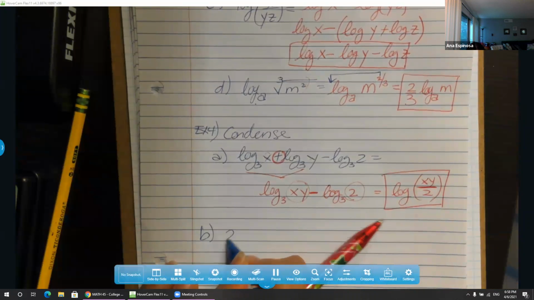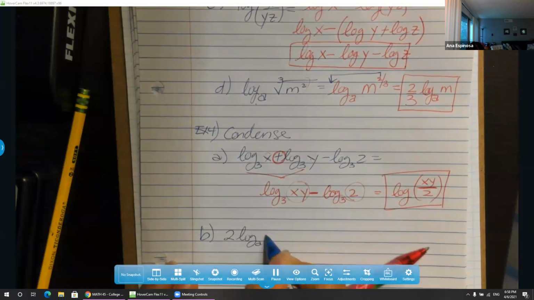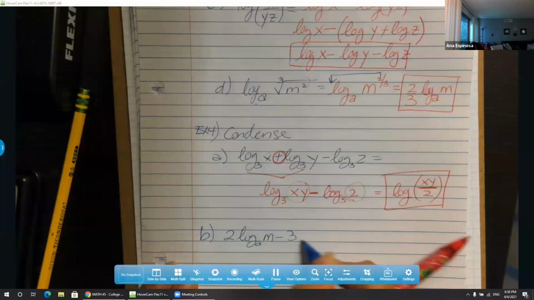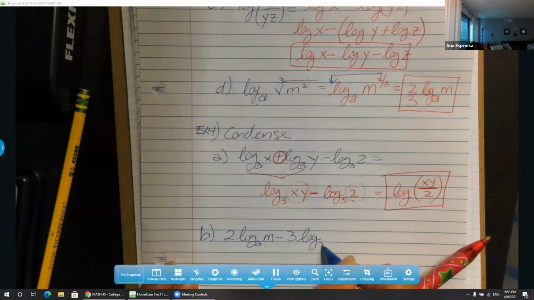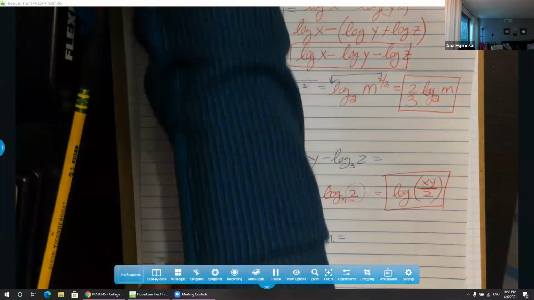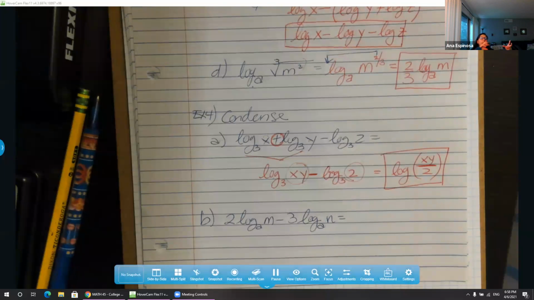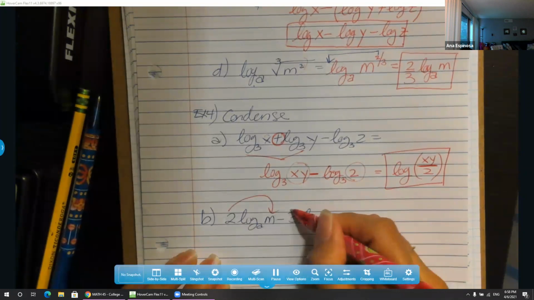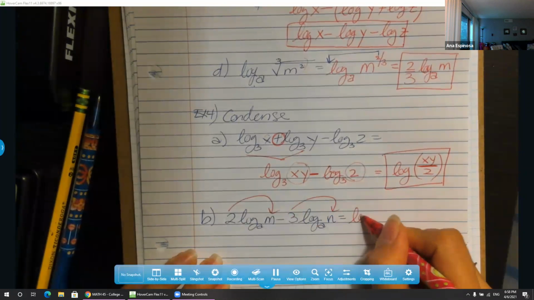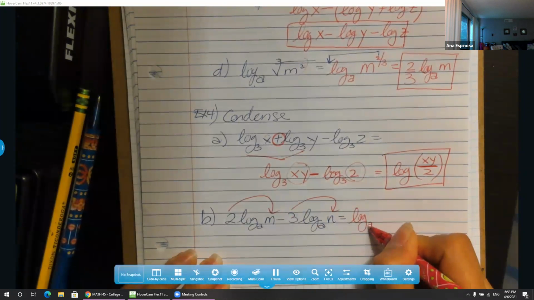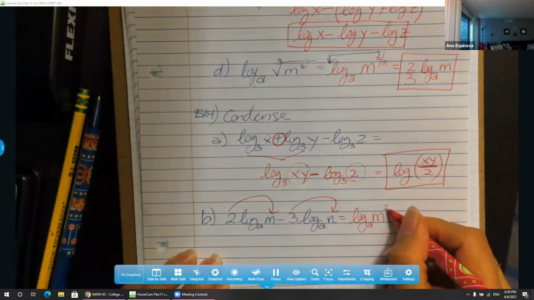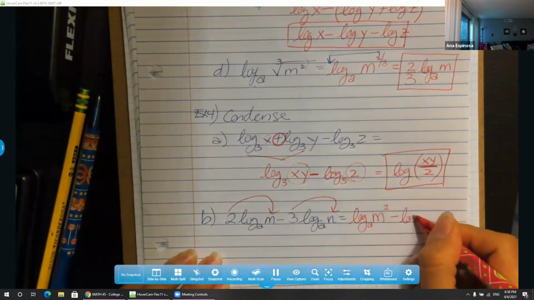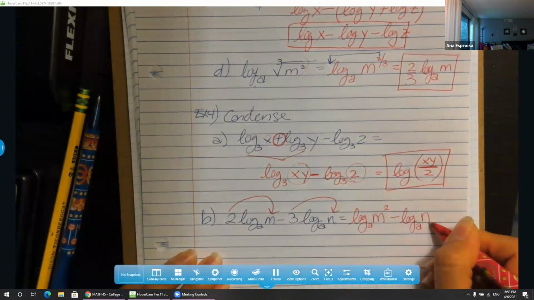Okay. I'm going to do one more, and that way you guys can do the last one yourselves. There are 3 of these, and I'm only doing this one. When you are condensing, you are moving all the powers up. That's the first one you do, and then you are doing the quotient or multiplication rule. This goes up, this goes up. So this is log base a of n to the 2 minus log base a of n cubed.